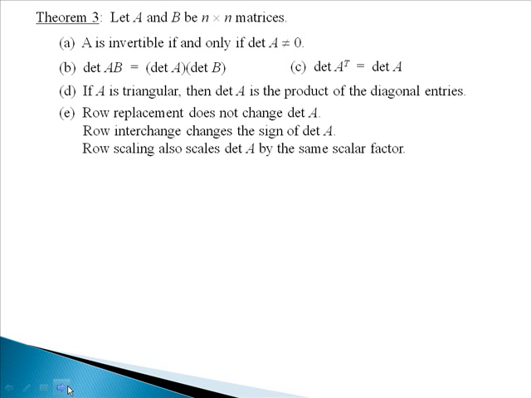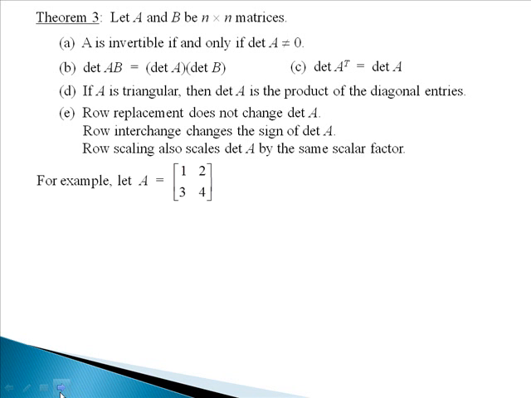And then row replacement doesn't change the determinant at all. Row interchange will change our sign, and scaling will scale the determinant by the same factor. So this is just a review of what we looked at in Chapter 3.